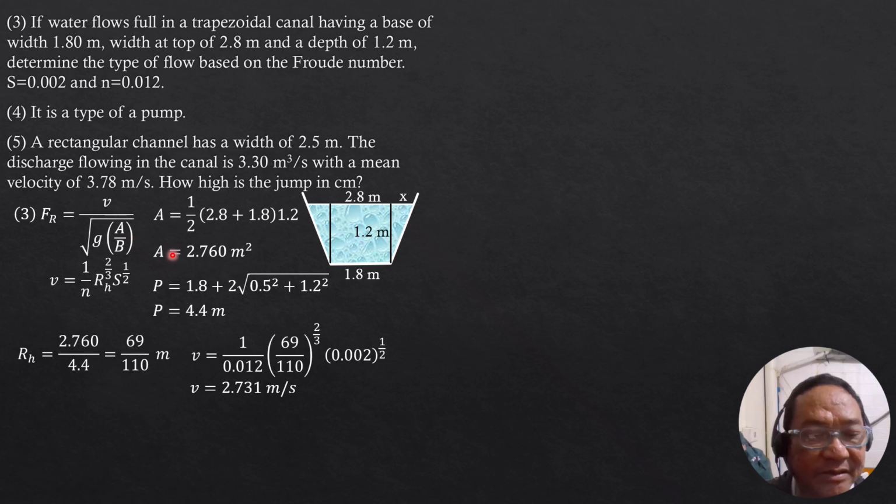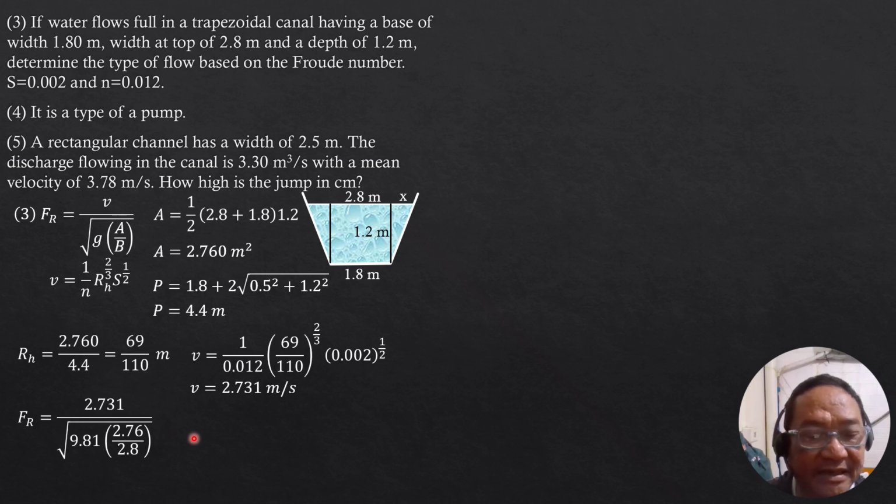Area is 2.76, then top width is 2.8. Froude number is equal to 2.731 over square root of 9.81 times the quantity area 2.76 over top width 2.8. If the Froude number is equal to 1, then the flow is critical by definition.